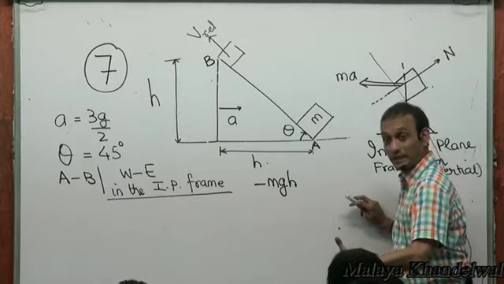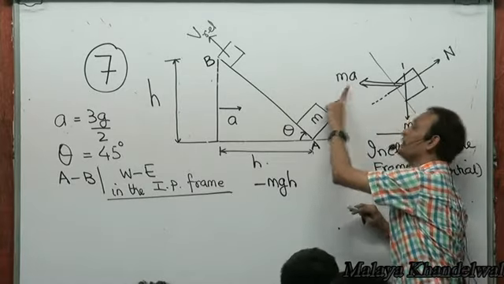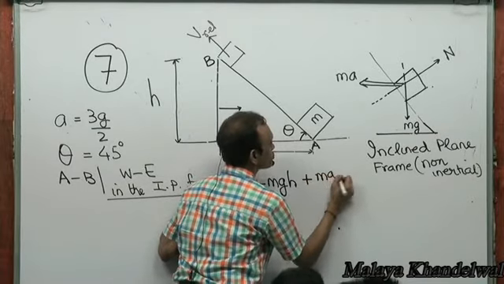With respect to the inclined plane, the horizontal displacement, that means displacement parallel to ma, when the particle migrates from A to B, is going to be h to the left. So what's the work done by ma? mah. Perfect. Very good. That's the work done by the pseudo force.